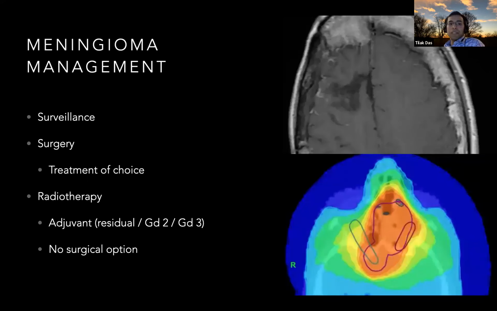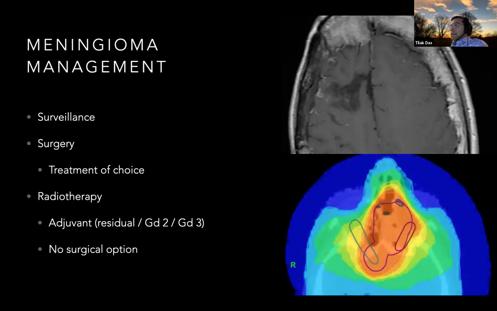So the management of meningioma mainly can be either surveillance, so watch and wait with cat-like vigilance, or surgery, which is the treatment of choice, where the aim is for a complete resection of the tumor. But sometimes, depending on the site of the meningioma, that may have to be a subtotal resection.